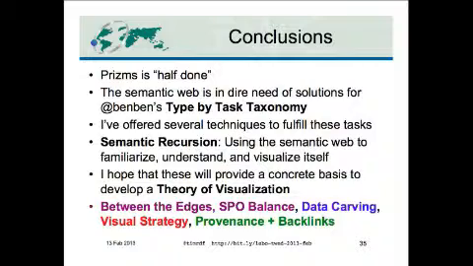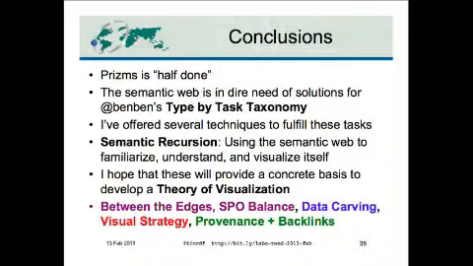I've offered a variety of techniques that I think help address this shortcoming, and I'd like to leave with you the proposition that we can have semantic recursion, that we can use the semantic web to familiarize, understand, and visualize itself by promoting visual artifacts into the linked data, just as part of any other data subset selection.